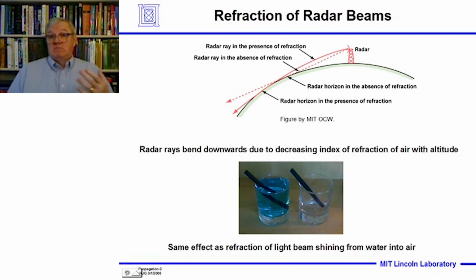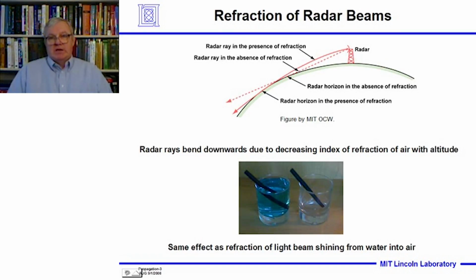Now, what does that index of refraction depend upon? It depends upon the temperature of the atmosphere, the pressure of the atmosphere, and the partial pressure of the water in the atmosphere. And that index of refraction drops off with altitude. It drops off exponentially in a mathematical sense.